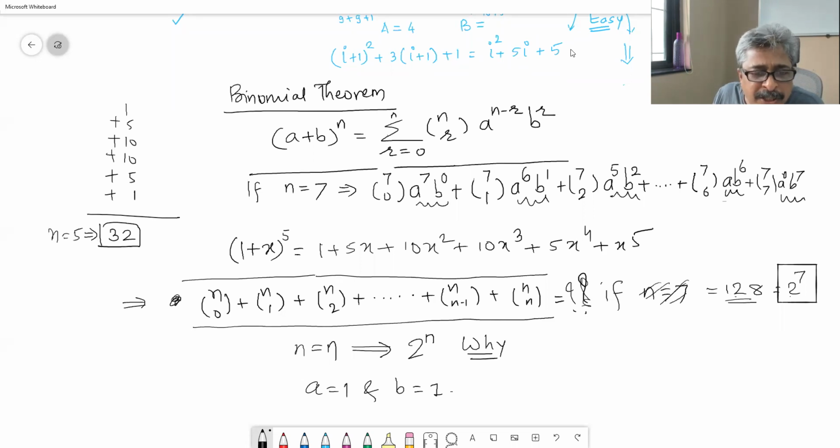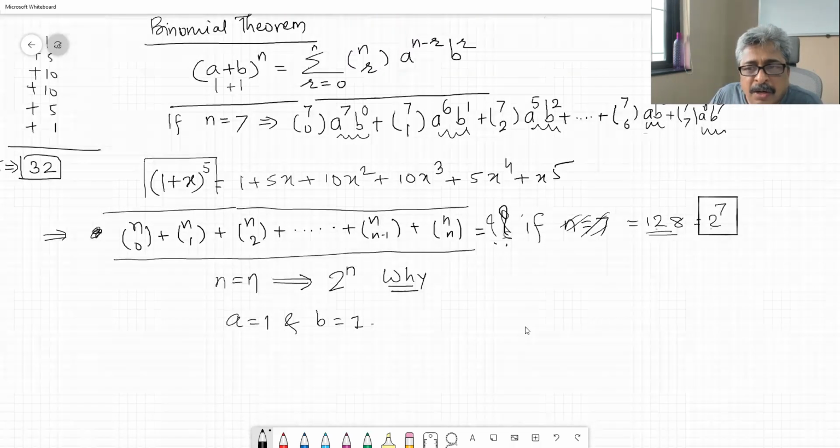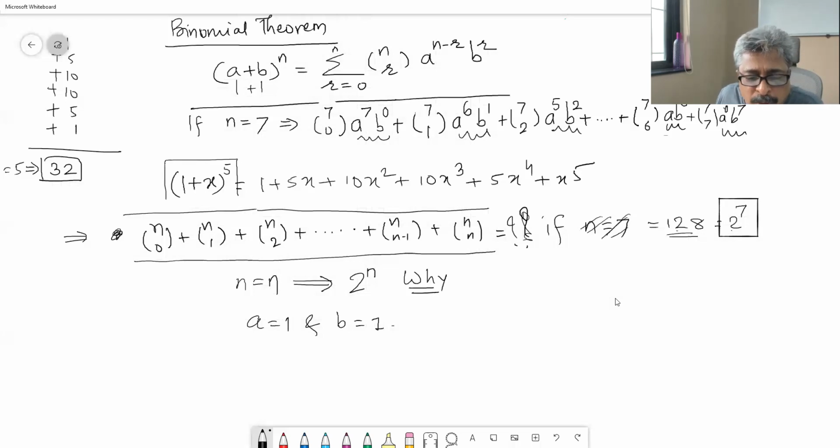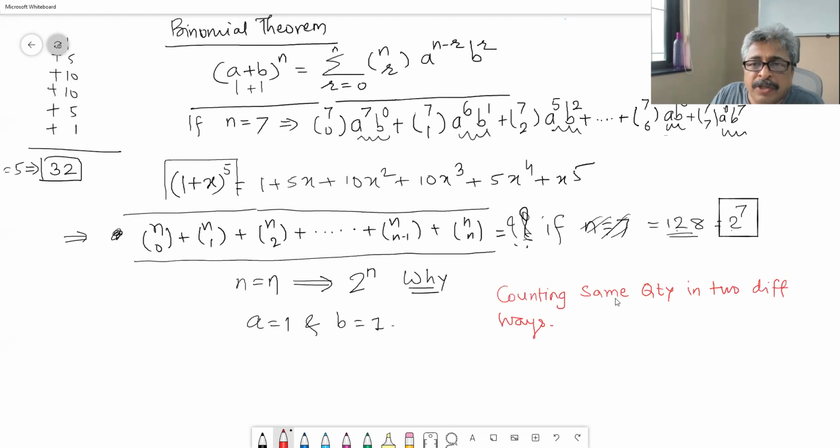And in the RHS, if we see, it is 2 raised to 5, because a is equal to 1, b is equal to 1, 1 plus 1 is 2. So the principle that we are using to solve this problem is counting the same quantity in two different ways, which will give us the identity.